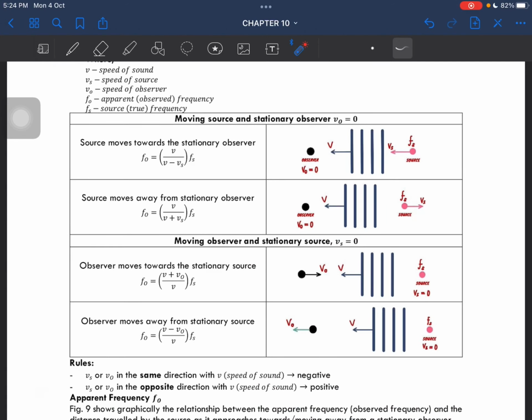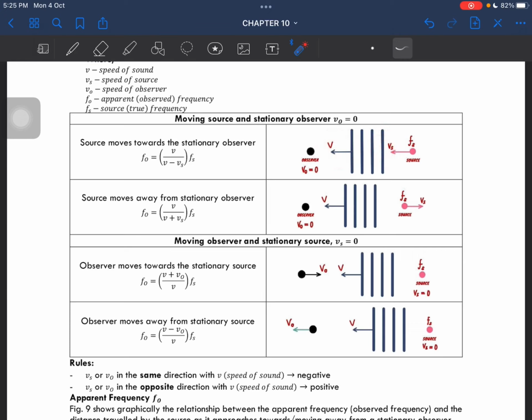It is because the velocity of the source is in the same direction as the speed of sound. So that's why it is negative: V minus Vs, because now Vs is in the same direction as the speed of sound.